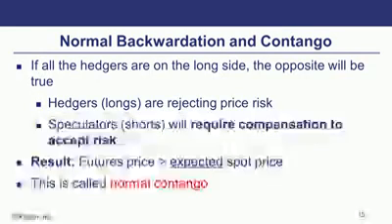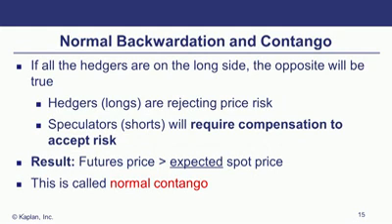Now, suppose this time we've got a lot of nervous consumers. Now remember, consumers are long hedgers because they need the commodity. They know they'll have to buy the commodity at some point in the future, so they're worried about price increases. They go long the futures. So you've got a lot of these long futures players.